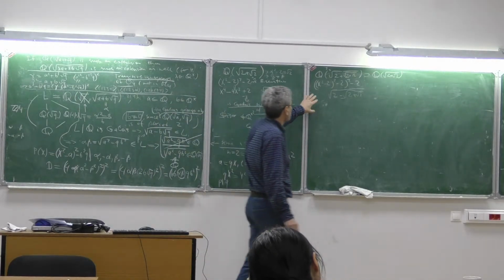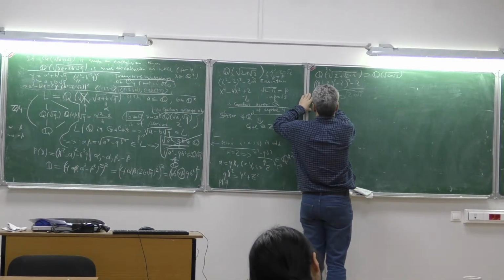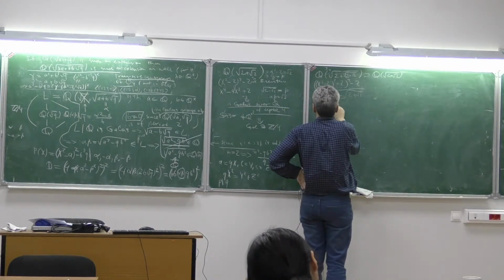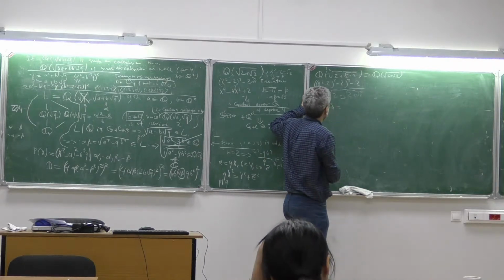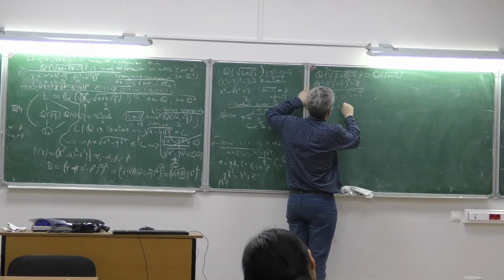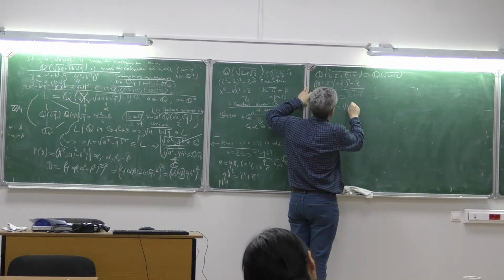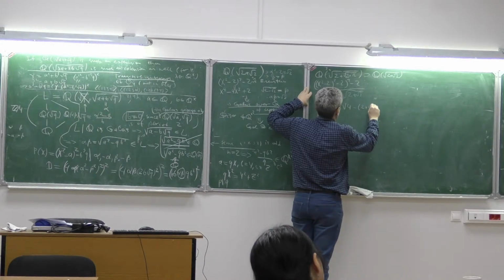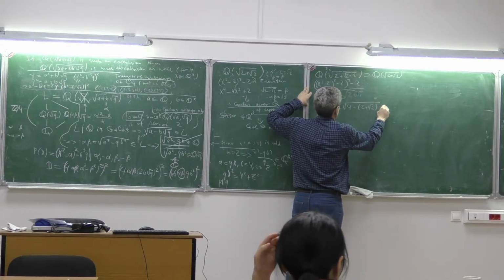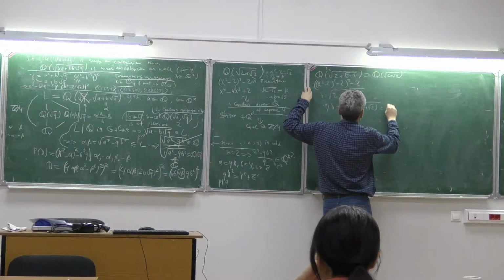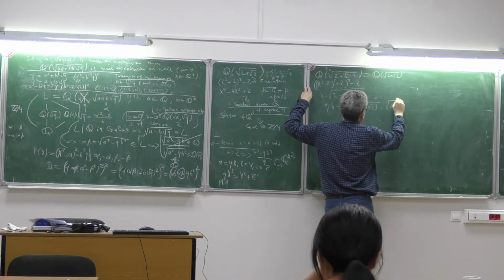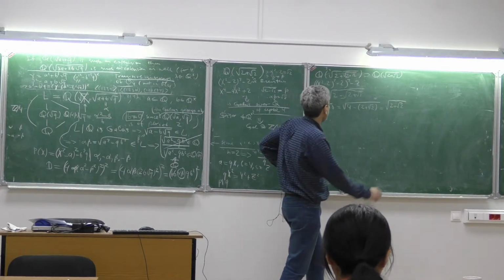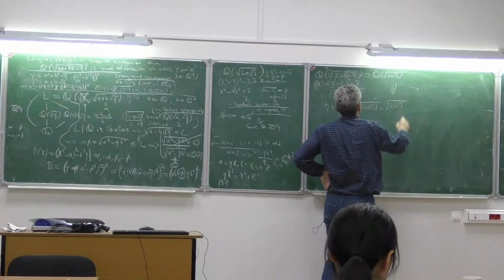Well, of course, you can say that, well, maybe delta. So gamma delta, what is gamma delta? It is square root of 4 minus 2, plus or minus square root of 2. So this is square root of 2 minus square root of 2, and we know that it is there.